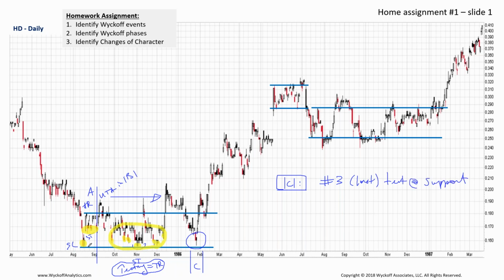So where is the first test? Well, naturally, after the climactic action in phase A, that's number 1, and that's at the support level, even though it comes so high, but it's still testing the local stopping action by the selling climax.